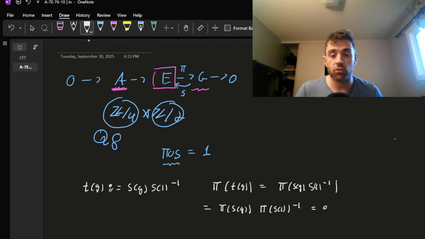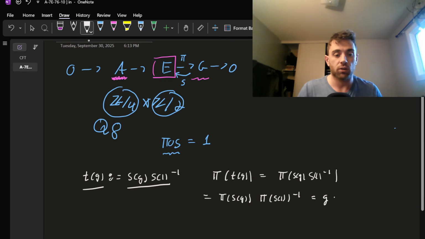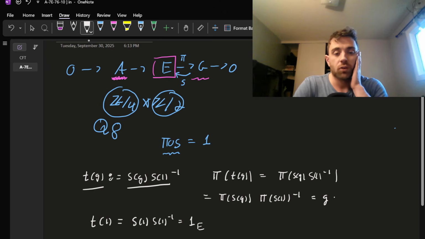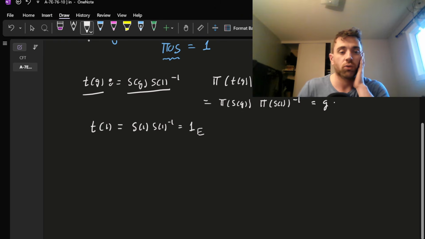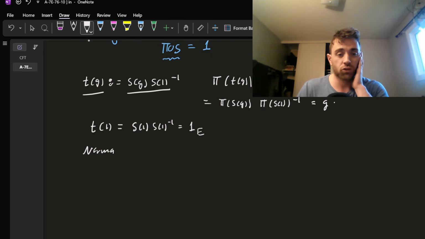And so this becomes g times 1 inverse times the identity, so it's just g. So this is still a section, and it's sort of related to S. But the point is that this section T has a property where if we evaluate T at 1, then we see that this will just be the identity of E, right? So we call this a normalized section. So we can assume that the section we started with, S, is a normalized section.